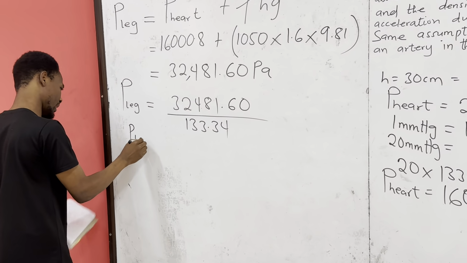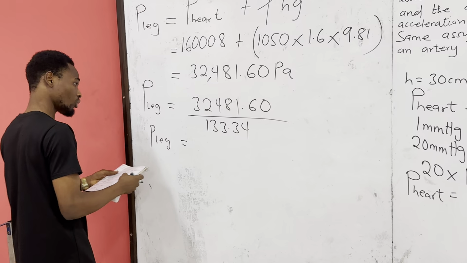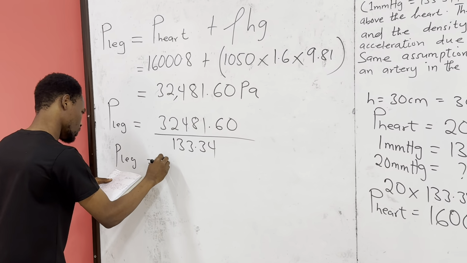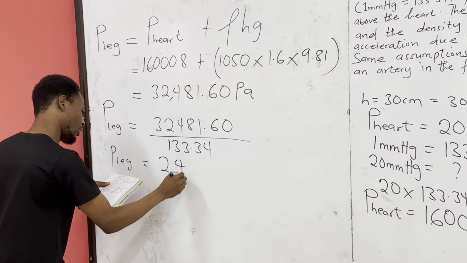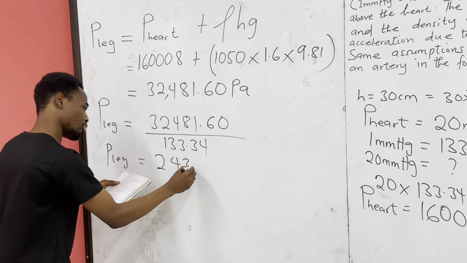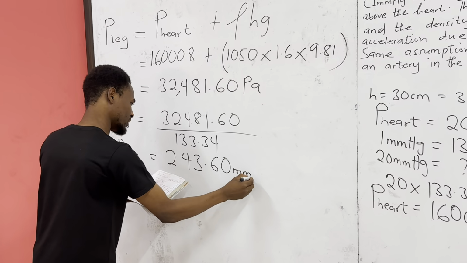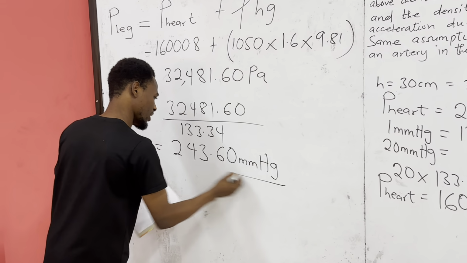By the help of the calculator, when you compute this, you should be getting 243.60 millimeters of mercury.